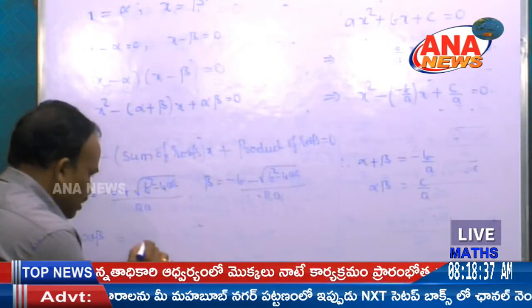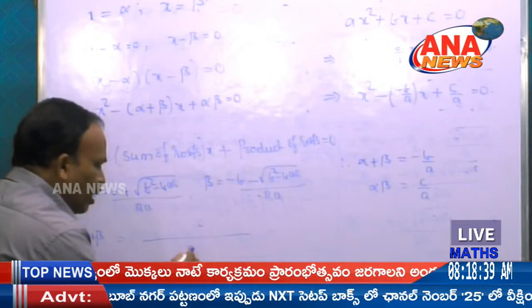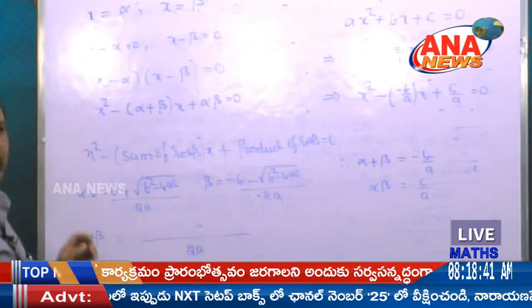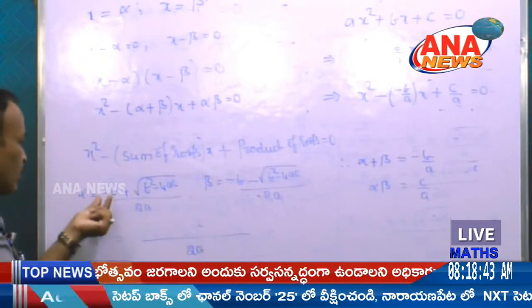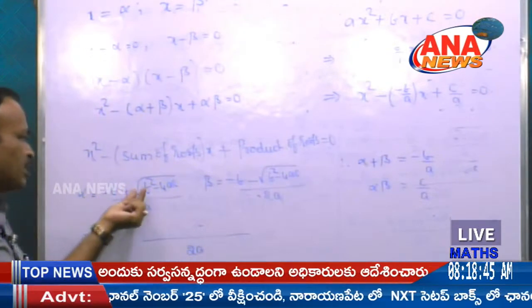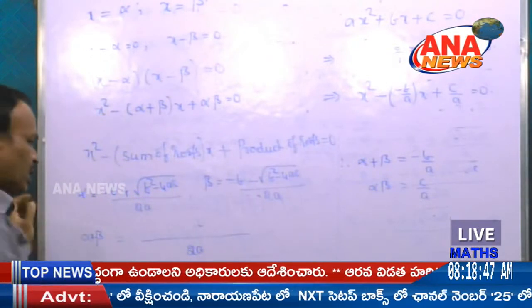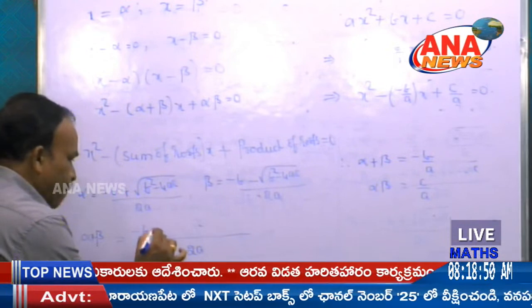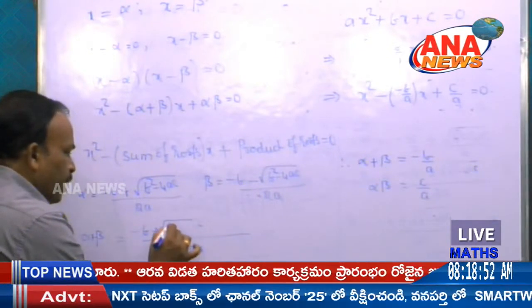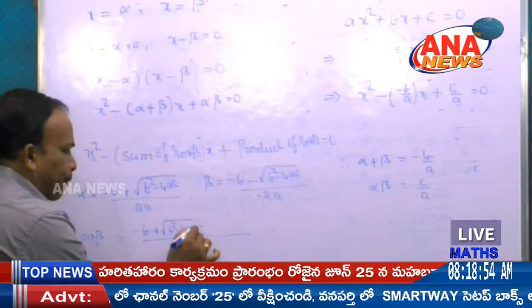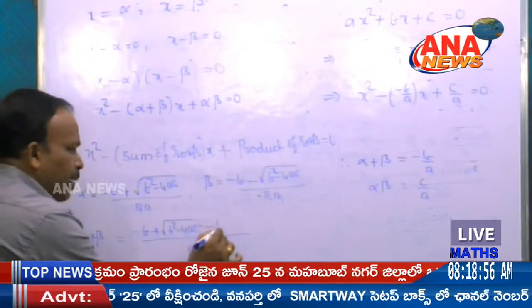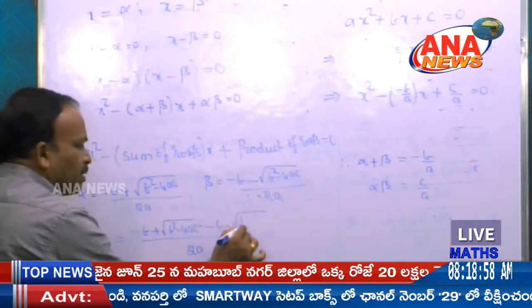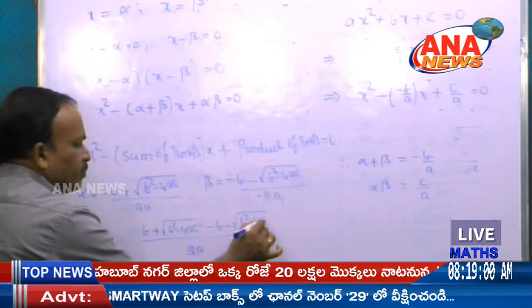The denominator is 2a. The numerator is minus b plus root over b square minus 4ac, minus b minus root over b square minus 4ac.